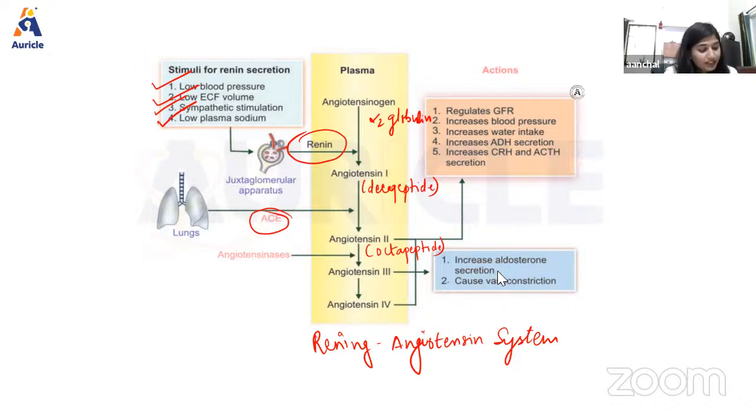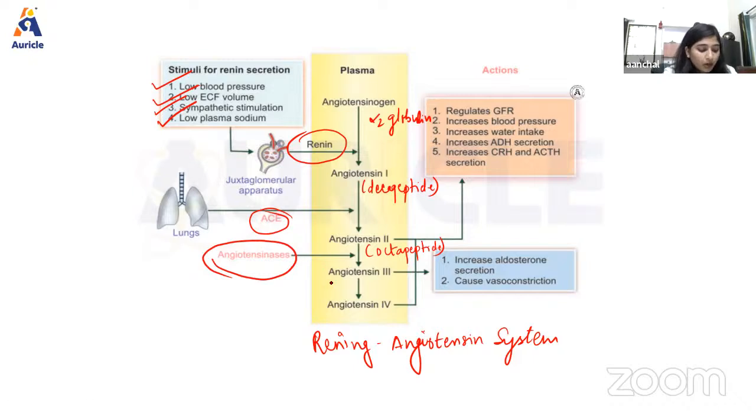Now, angiotensin 2 has a very short lifespan, right? Of about 1 to 2 minutes. So what will happen after 1 to 2 minutes of the conversion of angiotensin 1 to angiotensin 2? It starts rapid degradation, means the degradation of angiotensin 2 will start, and finally it will convert into angiotensin 3 with the help of a very important enzyme, that is angiotensinases.